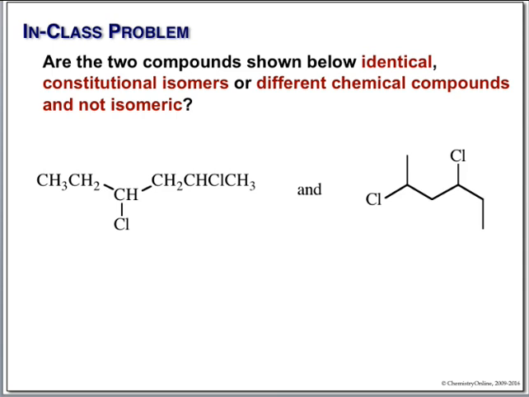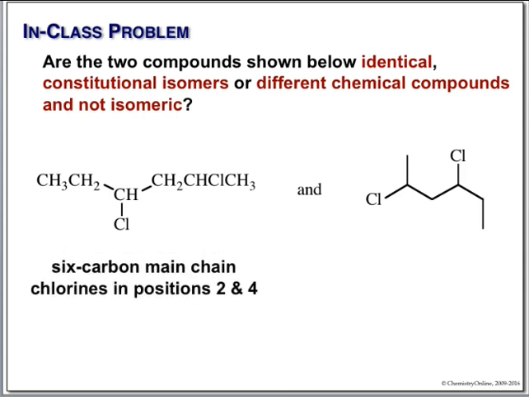And we have 2 chlorines. This chlorine is attached here, that would be carbon 3, so there's going to be carbon 2, 3, and 4. So we have chlorines in 2 and 4, and 6 carbons.